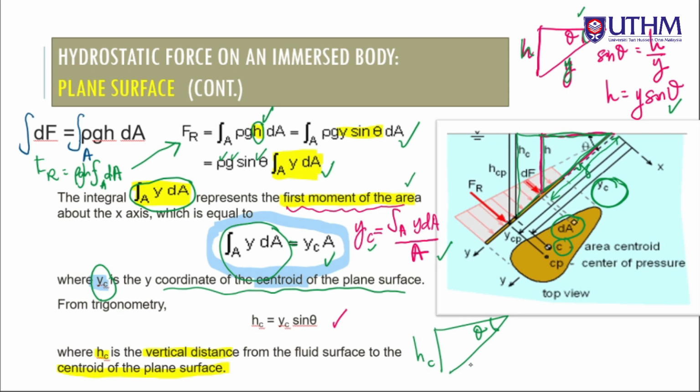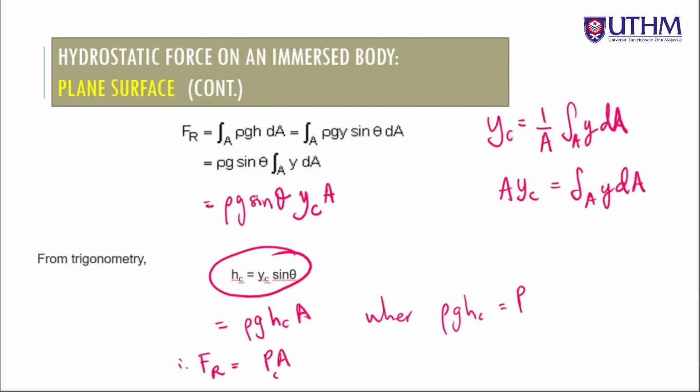So this is YC, so HC equals YC sin theta, where HC is the vertical distance, as I said earlier, from the fluid surface to the centroid of the plane surface.